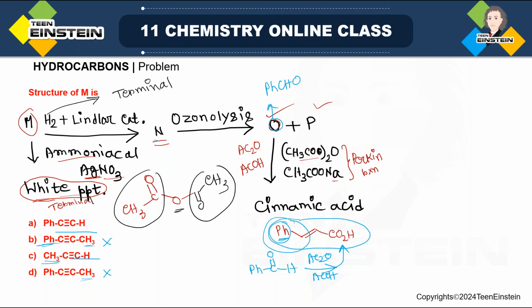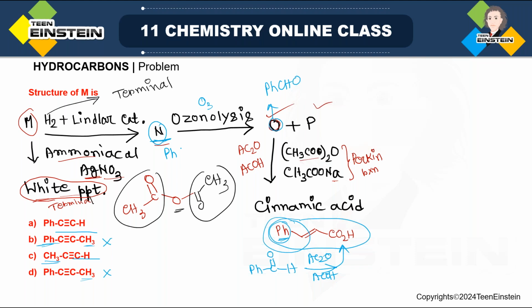So this Ph part must be coming from N, because in ozonolysis what do we use? O3 and some reducing agent, zinc water. So this Ph must be coming from N. And N, if it contains the Ph group, that is the benzene ring, then it must be coming from M, because in H2 and Lindlar catalyst you are not using any Ph related compound.